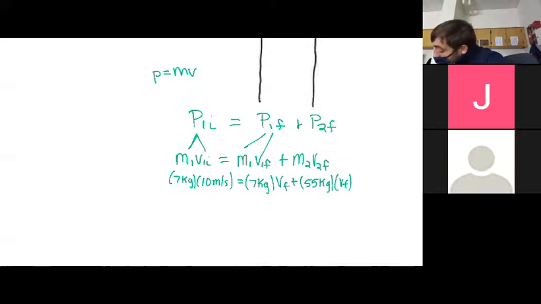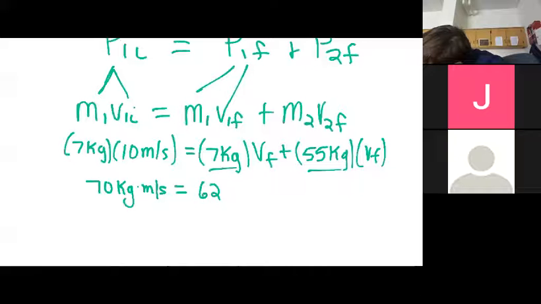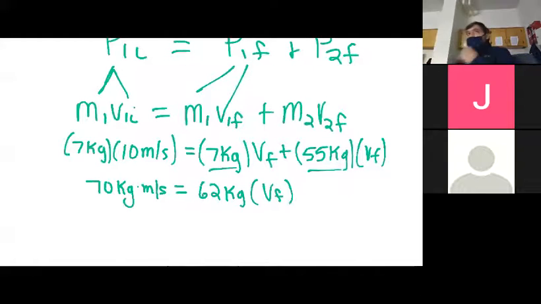So continuing on here, 7 times 10, 70 kilograms meters per second, and then I just combine like terms over here. 7 kilograms plus 55 kilograms equals 62 kilograms times the final velocity. And again, I recognize that once the woman catches the bowling ball and they start to move, they have to be moving the same velocity.